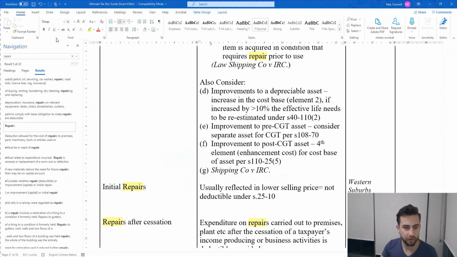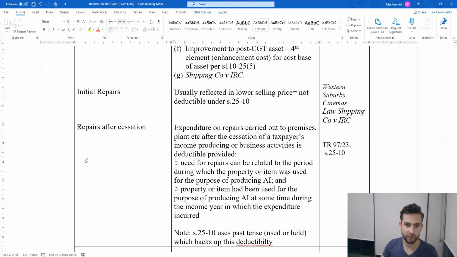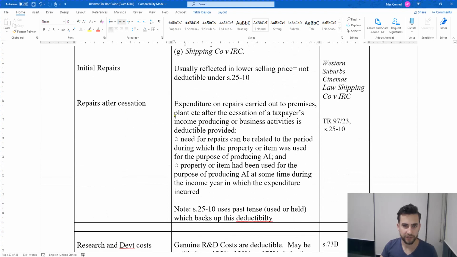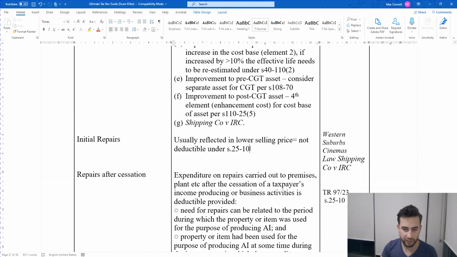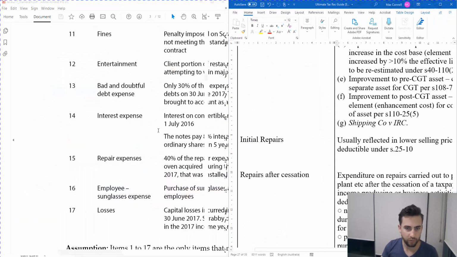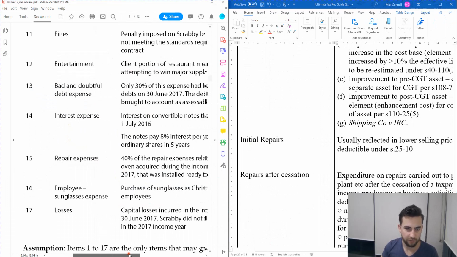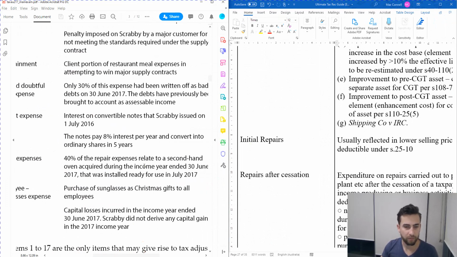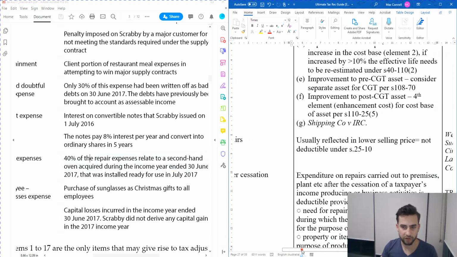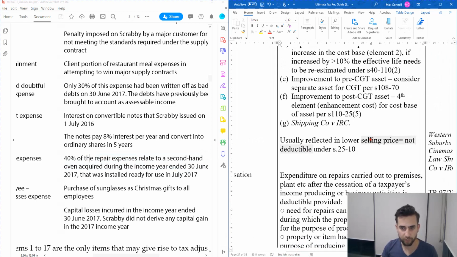If we do a quick Control F on repairs, we'll get to the repairs section in the tax rec notes. And what it says here is that the initial repairs, which is the case here because we've bought it in the financial year, it's a second-hand purchase, are usually reflected in a lower selling price, i.e. they've purchased it for a discount, therefore not deductible under section 25-10.